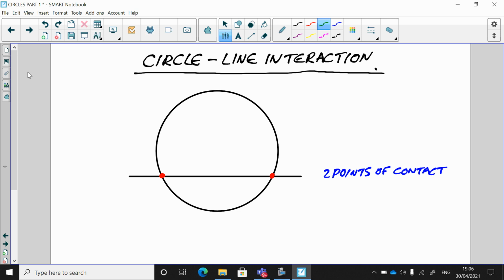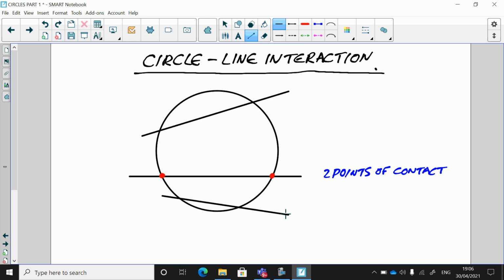So I just want to point out here, it doesn't matter about the orientation of the line. The line could be going like that. The line would be going like that there. That's fine, because regardless of the orientation of the line, you've still got 2 points of contact.